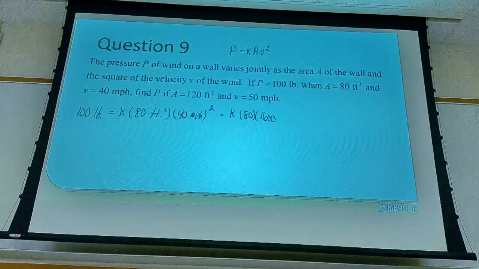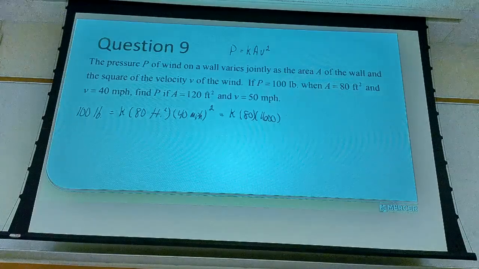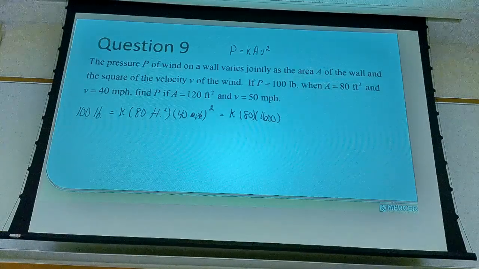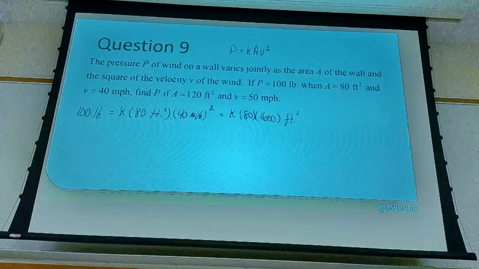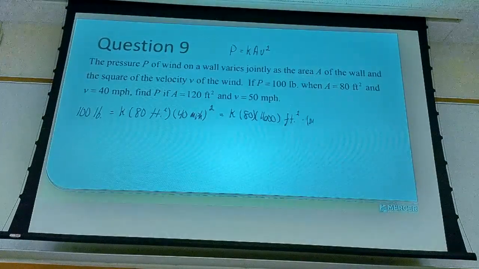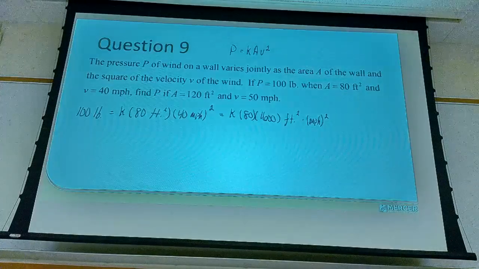Forgot the square. And that's going to be square foot times square mile per hour.